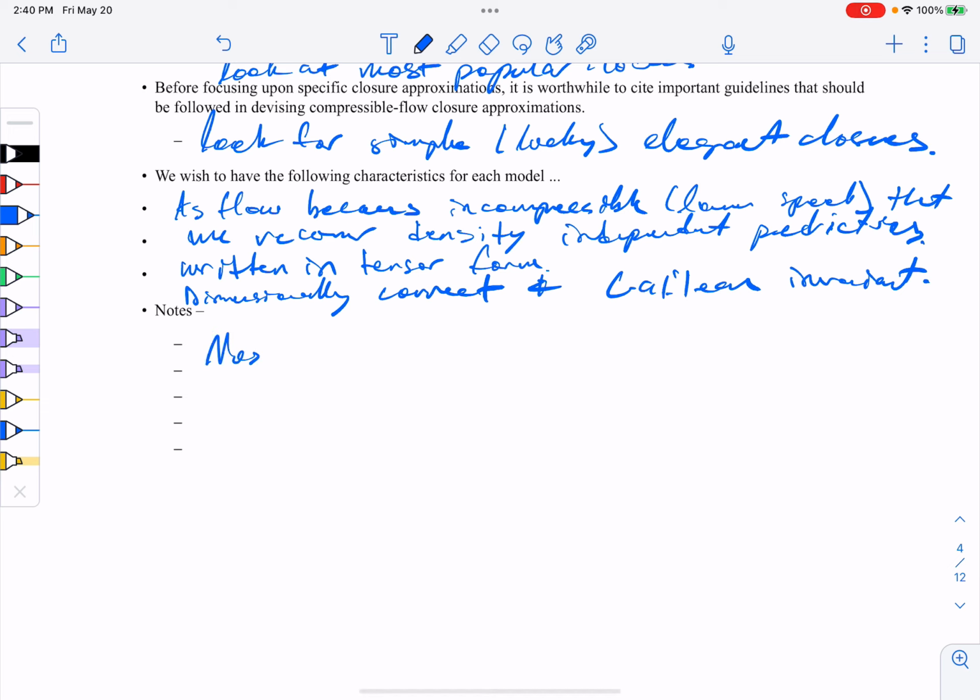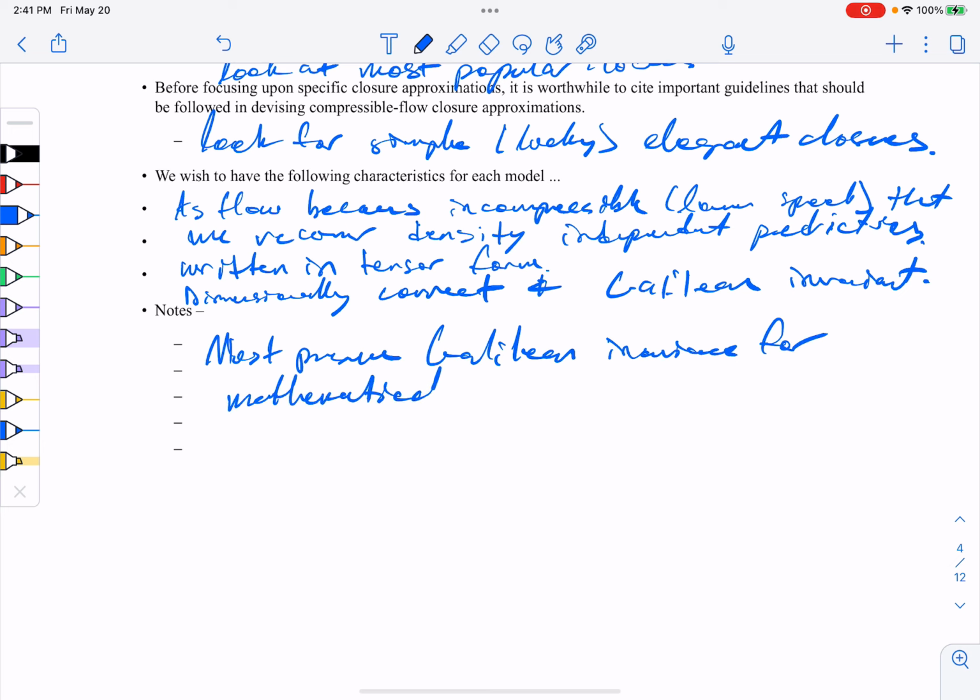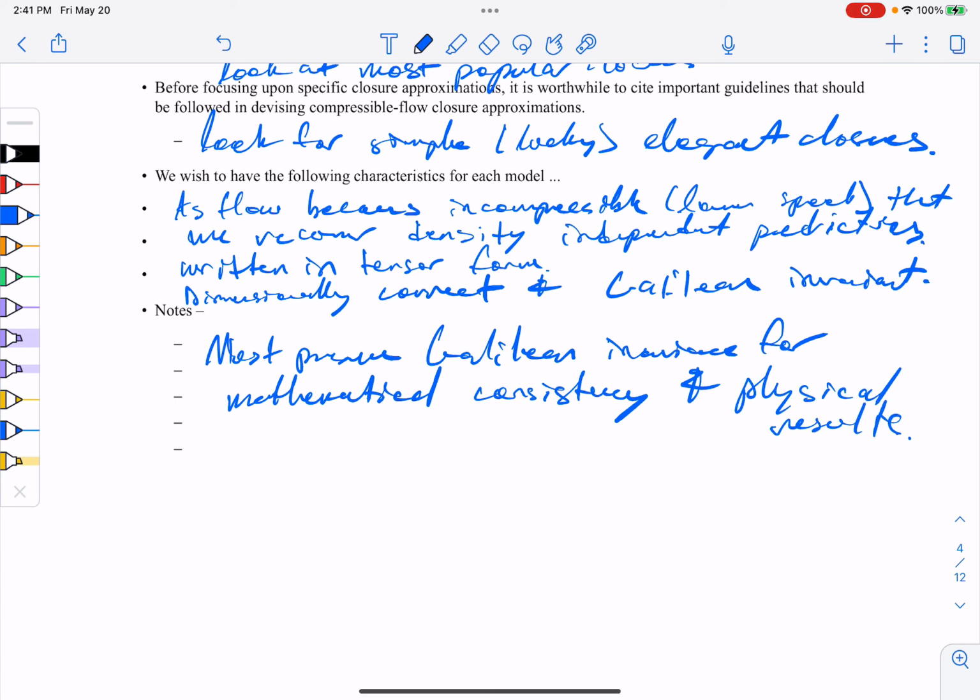So we must preserve Galilean invariance for mathematical consistency and physical results. Very important. And I think a lot of people overlook this important step.